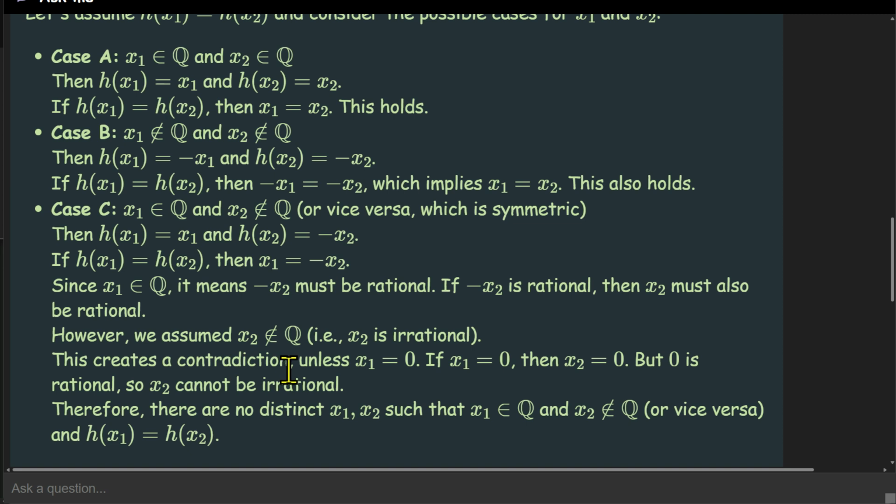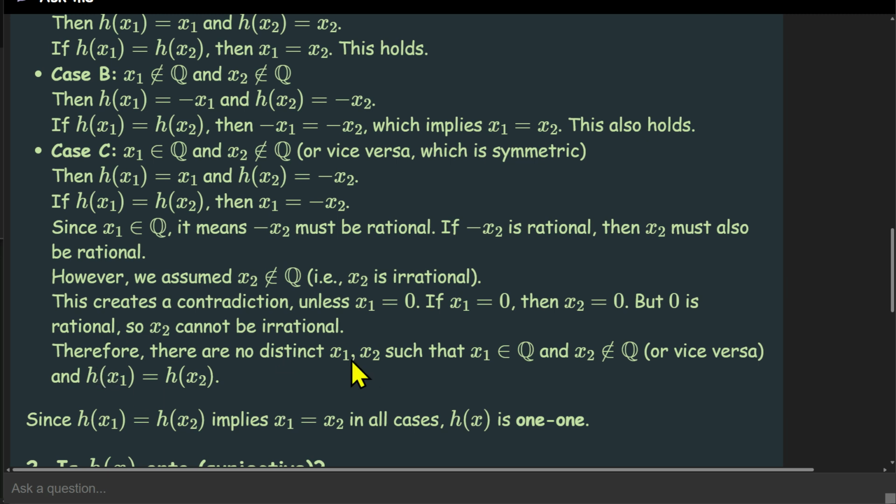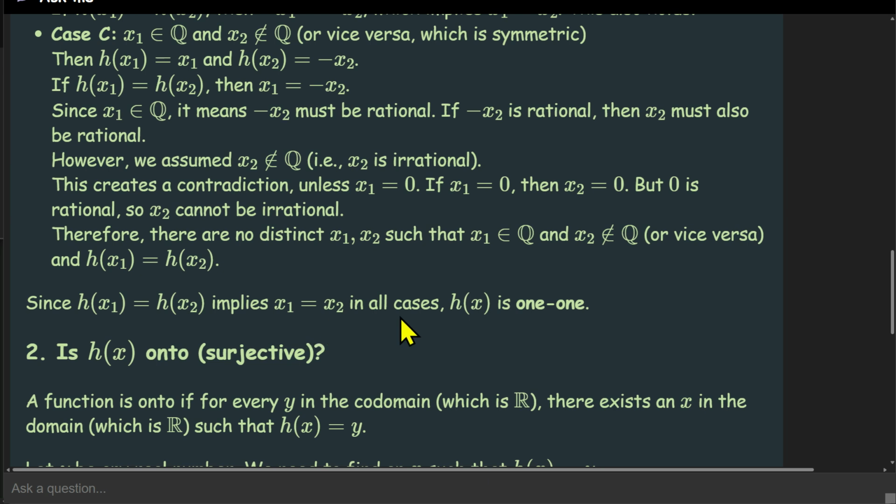This creates a contradiction unless x1 equal to 0, and if x1 equal to 0, x2 equal to 0. But 0 is rational, so x2 is not irrational. x2 cannot be irrational. Therefore, there are no distinct x1, x2 such that x1 belongs to Q and x2 does not belong to Q or vice versa, and h of x1 equal to h of x2, which implies in all cases h of x is 1-1.